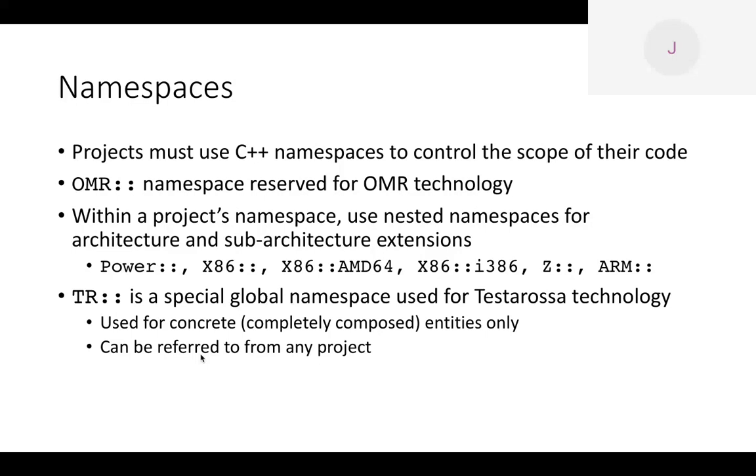And then at the very end, once you've gotten to a point where you have specialized it all as much as you want, you actually have to produce what we call a concrete class that somebody can come along and instantiate. So that's sort of a public interface to your extensible class, something that's in the TR namespace. And TR:: can be used in any project at any time to get the complete extensible class that you've just produced.